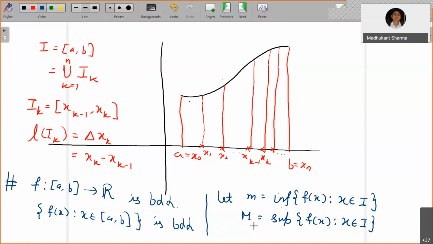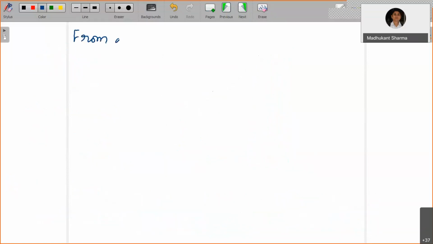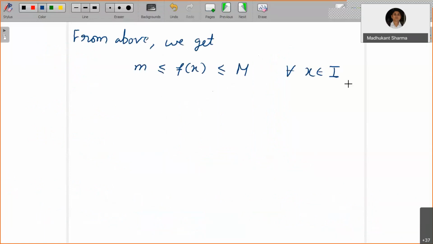So with this, I can certainly say the following. From here, what we get is small m is less than or equal to f of x, less than or equal to capital M, for all x belonging to I. So this is sure.